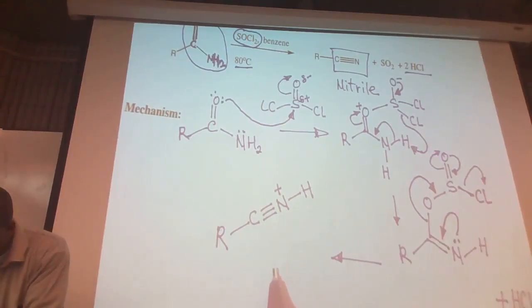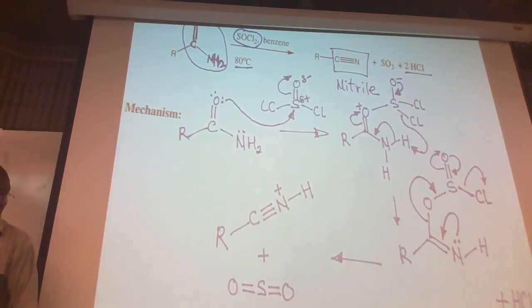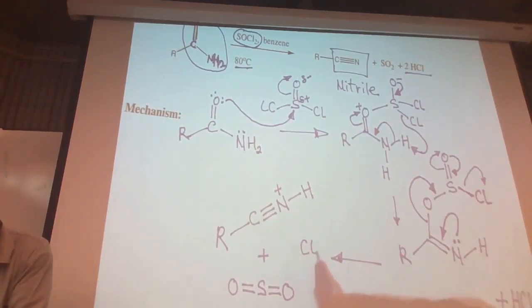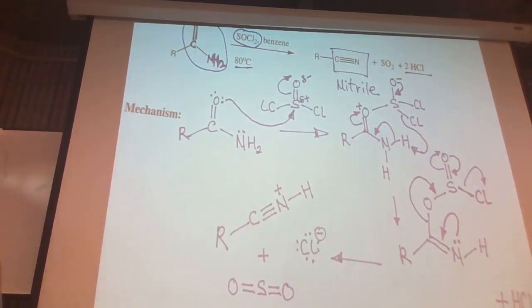Now you have sulfur dioxide, and the chlorine that was there, now a chloride ion, floating around to stabilize the positive charge that you have in the ammonium salt there.